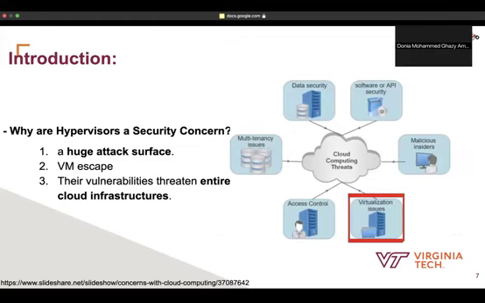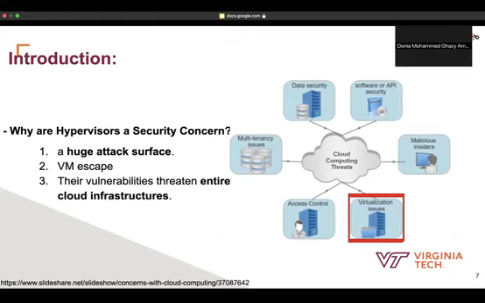Yeah. So now we can ask ourselves, why are hypervisors a security concern? As I just explained in the previous slide, they manage memory, CPU, and I/O, which results in a huge attack surface.